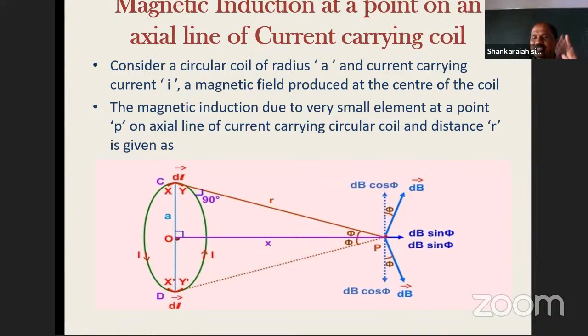Resultant magnetic induction along the vertical axis will be 0. Now one dB sin phi and another dB sin phi are acting along the axial line, parallel to each other. Parallel means theta is equal to 0 degrees.